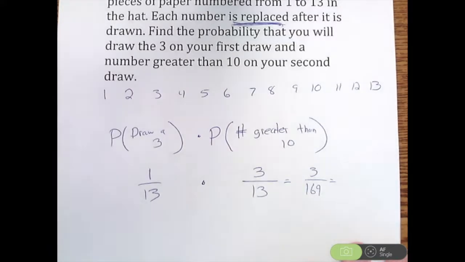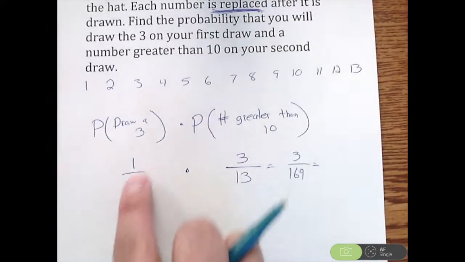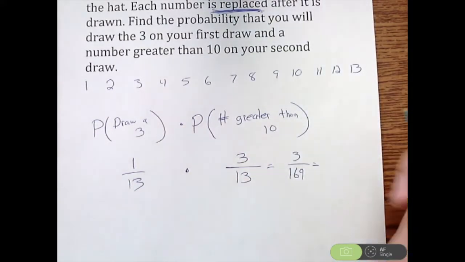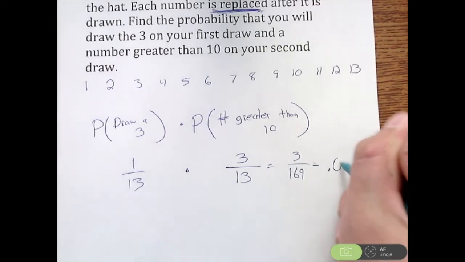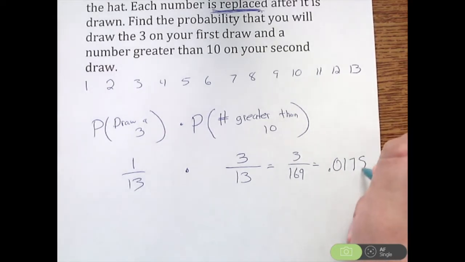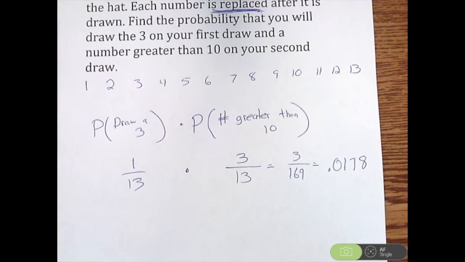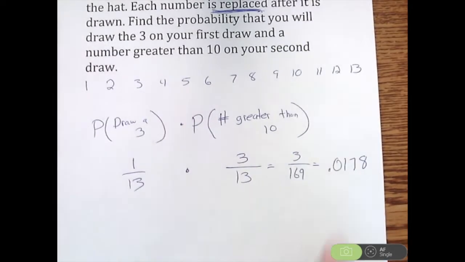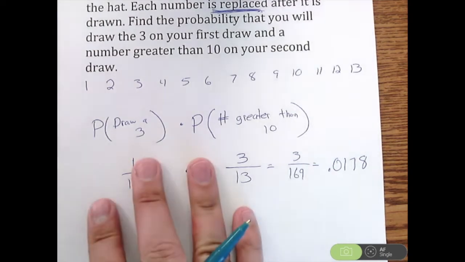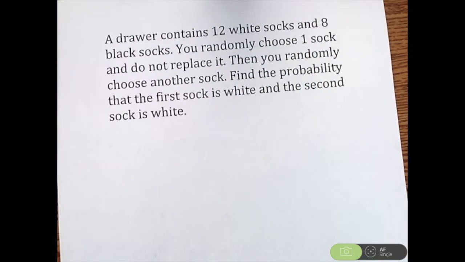But if you want to know the decimal equivalent, 1 divided by 13 times 3 divided by 13, you get 0.017, and we'll round that up to 0.0178. So that is the probability that we draw a 3, put it back in, and then draw a number greater than 10, 0.0178. So let's go to one more problem.